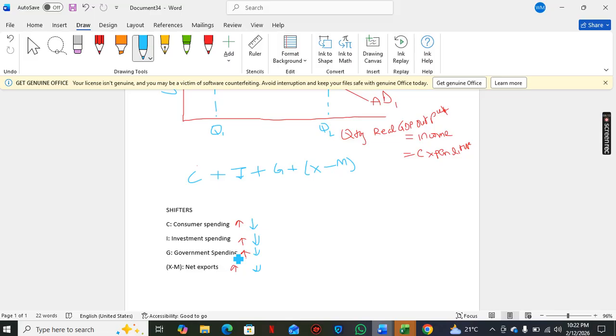Any questions before we go to the short run aggregate supply curve? What does the X minus M, sir, stand for? The net exports, or exports minus imports.